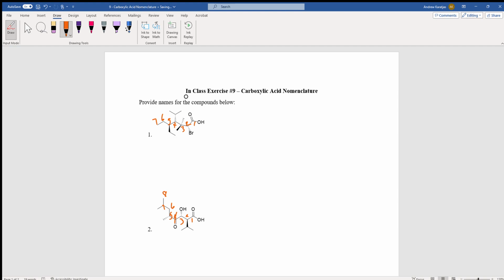Now the root name, the parent name for carboxylic acids, is always going to be -oic acid. So in this first example, heptane becomes heptanoic acid. And in the second example, octane, because there's 8 carbons in our longest chain, becomes octanoic acid.